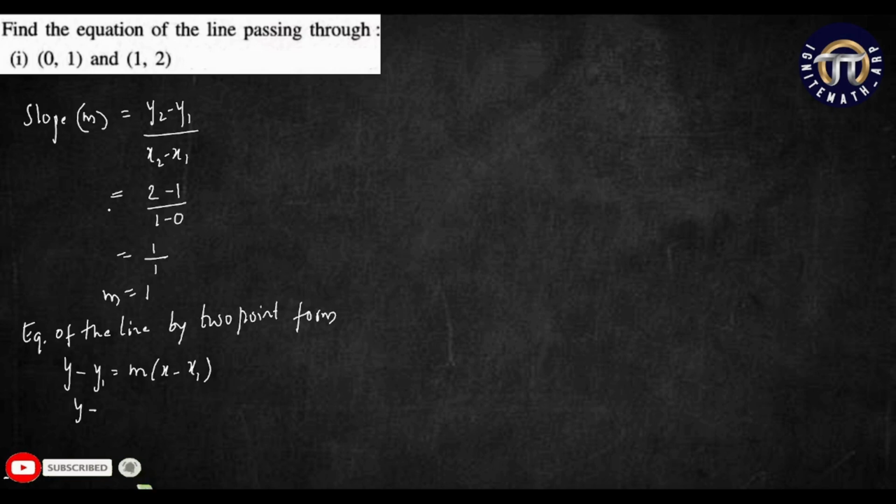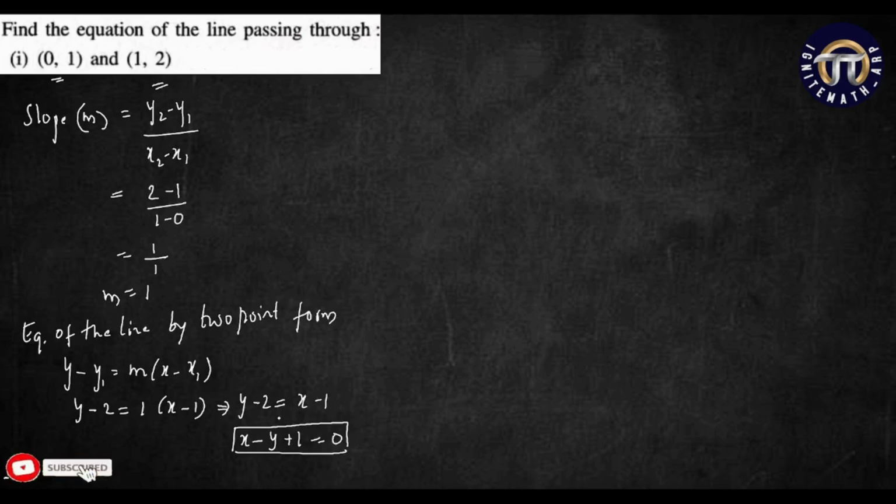So y minus, either I can take this point or I can take this point. y minus 2 is equal to slope 1 times x minus 1. Clear, children? So that is going to be y minus 2 is equal to x minus 1. So x minus y plus 1 equal to 0 will be the equation of the required line. Clear, children? Now let me take one more example over here.